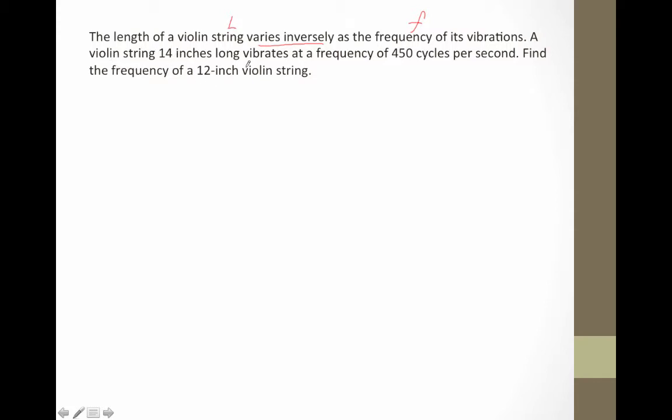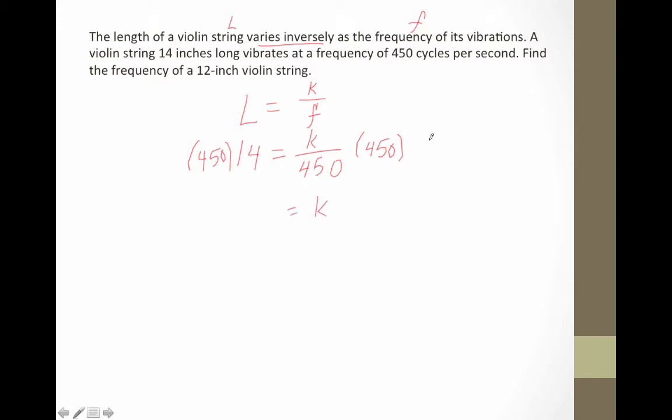A violin string 14 inches long, so L equals K over f, inversely. 14 equals K over 450 cycles per second, the frequency. Find the frequency of a 12-inch violin string. So I need to multiply by 450.